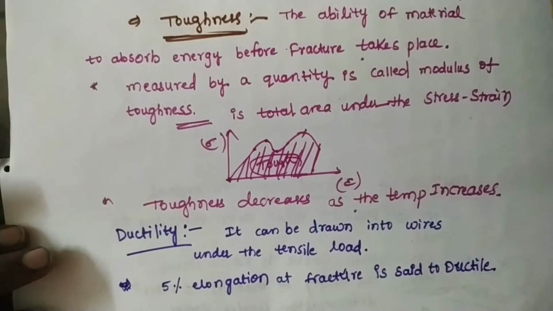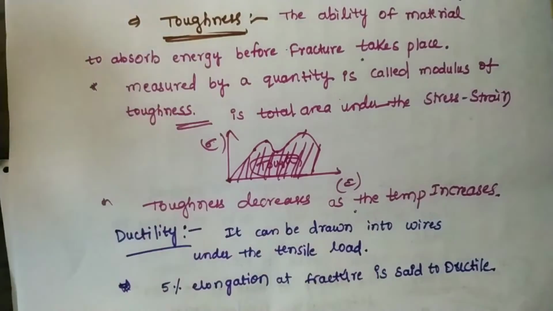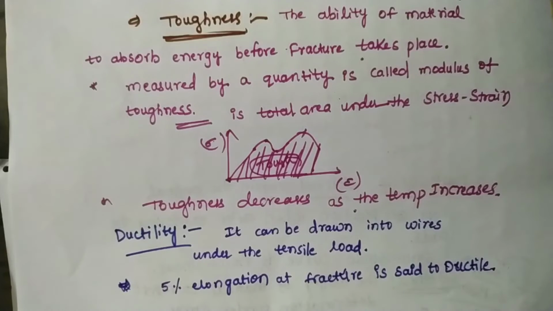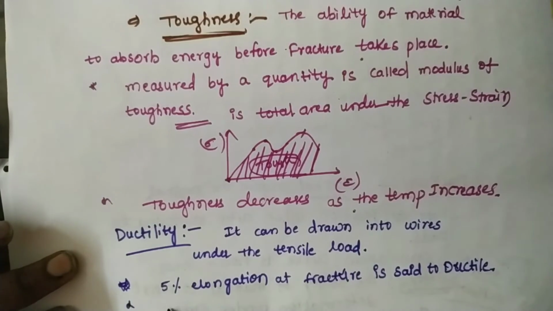So this one is also very important. In case of 5% elongation at fracture, it is said to be ductile. The ductility is measured in percentage of elongation.